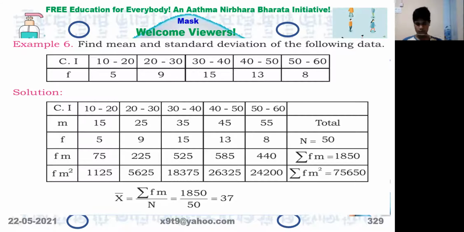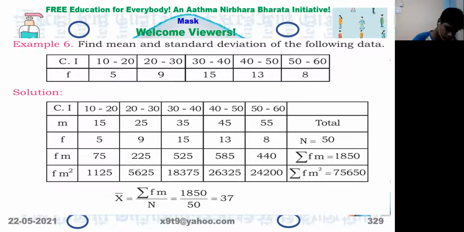20 to 30, 1 grade. 30 to 40, 40 to 50, 50 to 60. That is a class interval. Each one is called a class. So a class interval is a minimum and maximum in that interval.